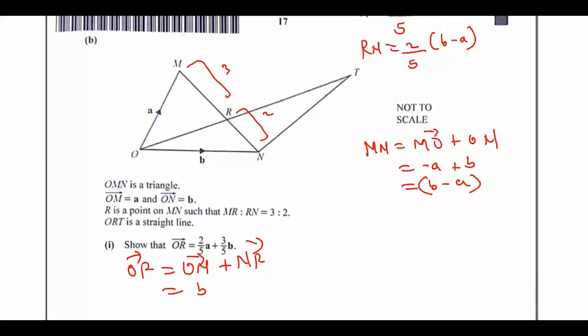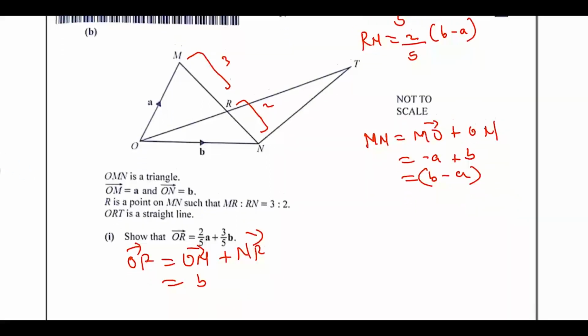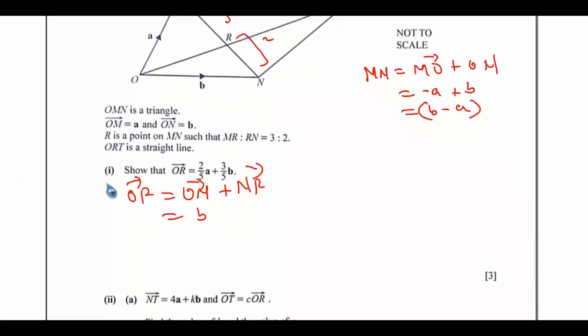We just found that RN is 2 over 5 into B minus A. So NR will be opposite to this, so that will be a negative sign, so minus 2 over 5 into B minus A. If you expand this now, you get B minus 2 over 5B, then plus 2 over 5A.